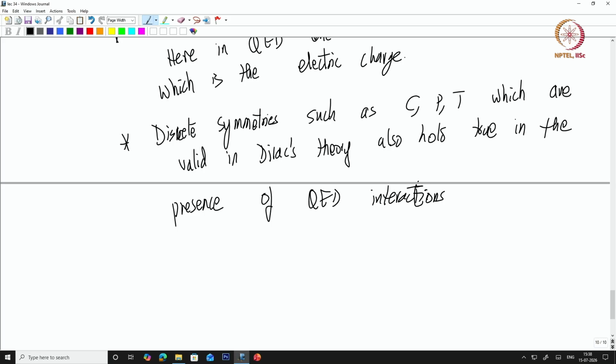As a consequence of these discrete symmetries being conserved, at leading order, if you take Mott scattering and do it with positrons, it will turn out that the cross sections are equal.